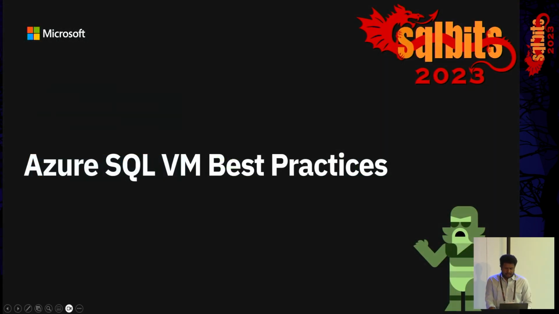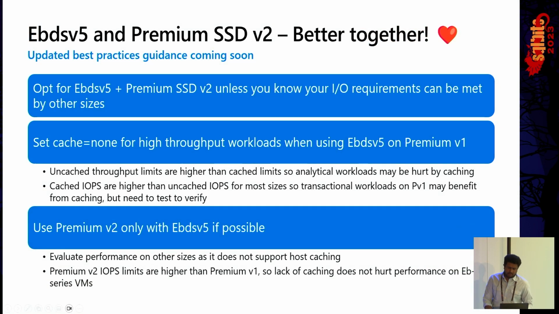Now that we know what host caching is, what Premium SSD is, what Premium SSD V2 is, let me go ahead and tell you what are the best practices that you really need to follow. As I said, the golden rule, when in doubt, please choose Ebdsv5 VMs.